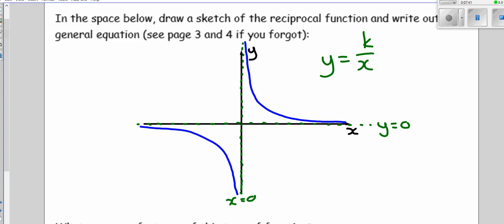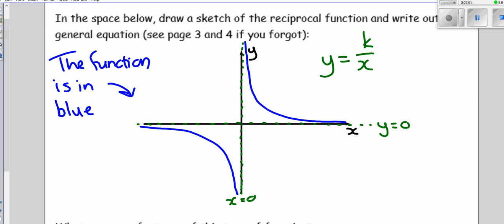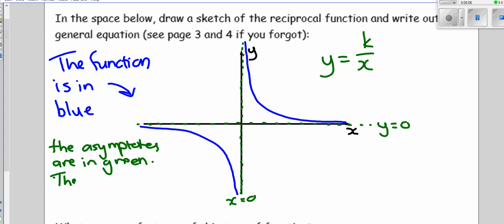So the function is in whatever colour you get. In my case it's in blue. The asymptotes are in whatever colour you use, green. They are not part of the function.